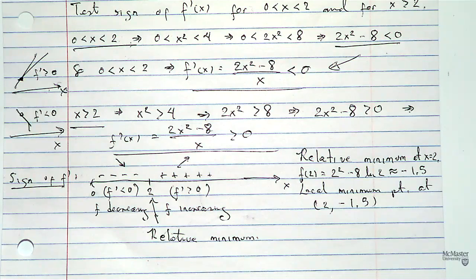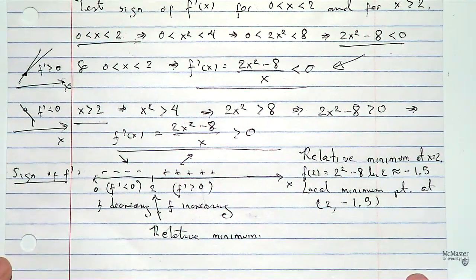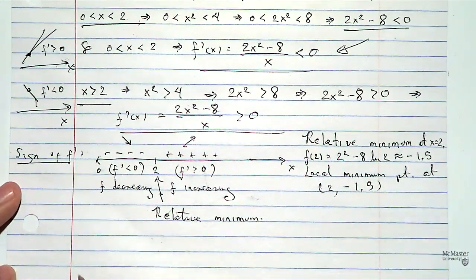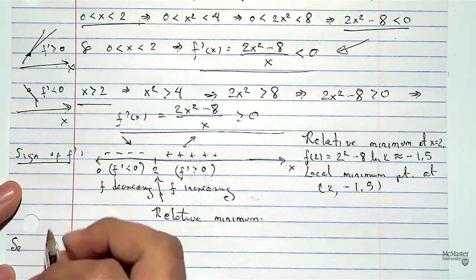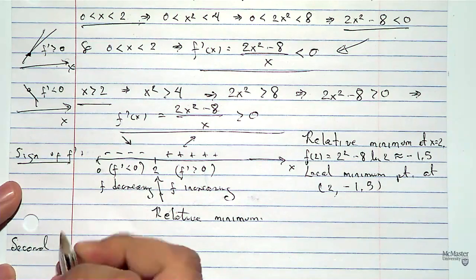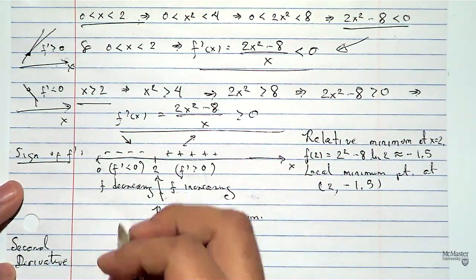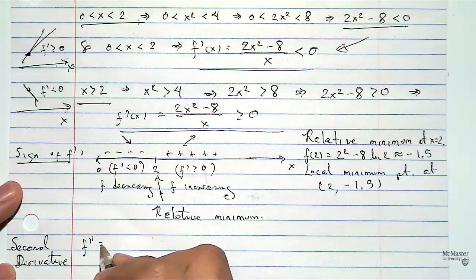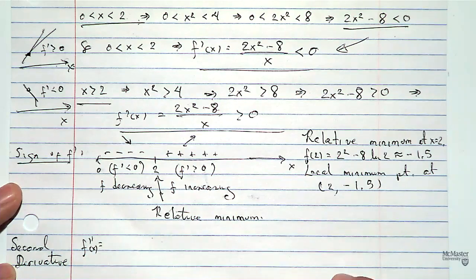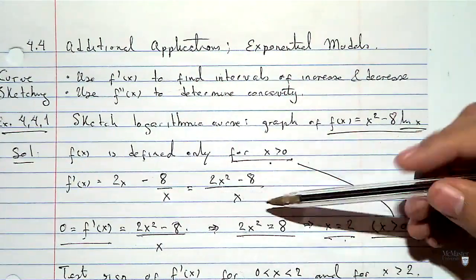I also need, in order to evaluate the concavity, the second derivative. Because, well, I will give the explanation in a second. So first, let's do the computation. If I compute the second derivative, f double prime, well, remember what f prime was.